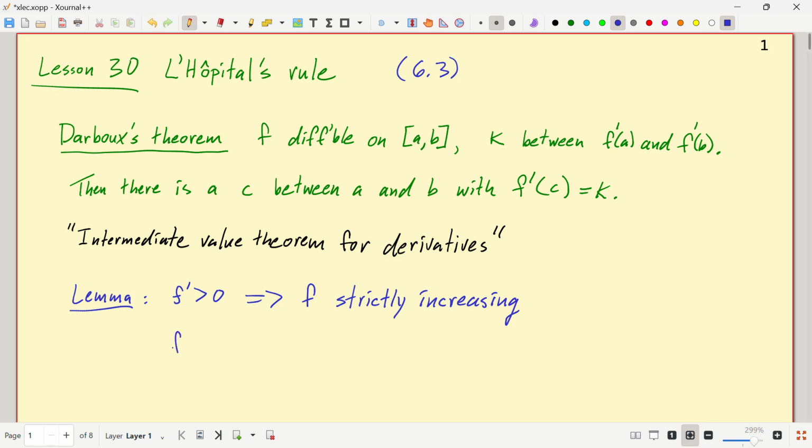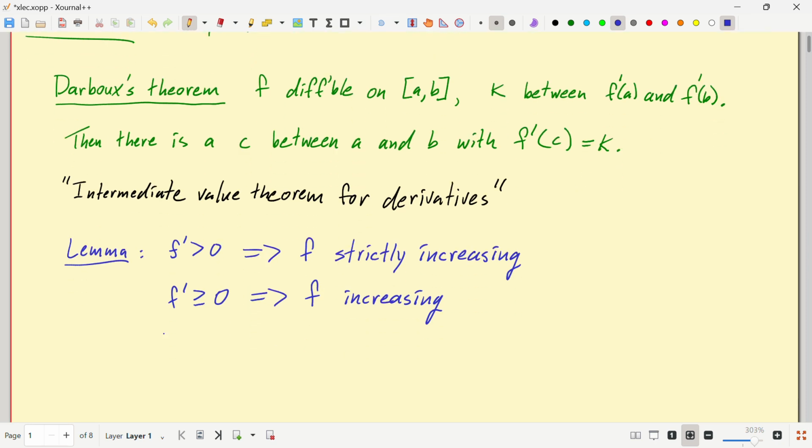And if f prime is greater than or equal to 0, that implies that f is increasing. And of course, similar for the decreasing case, etc.